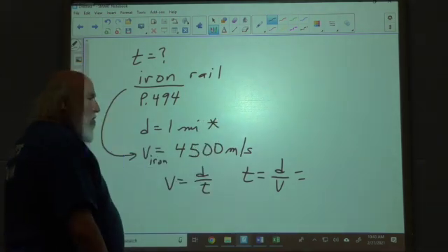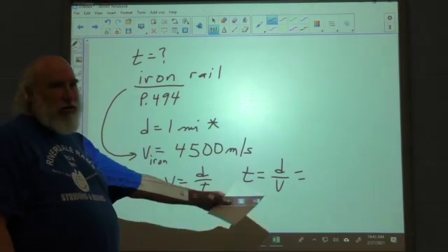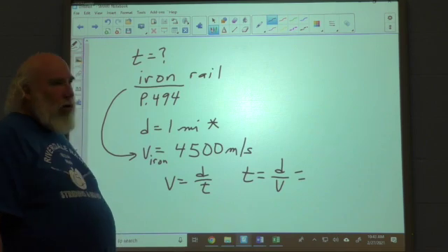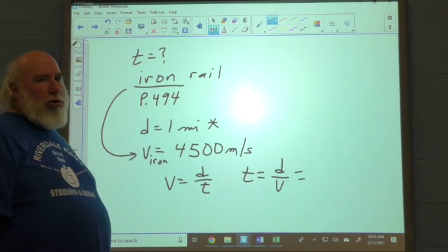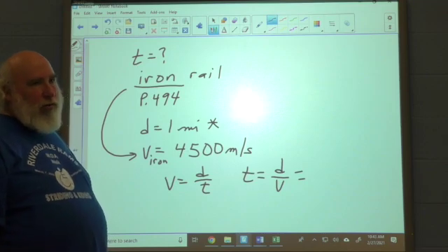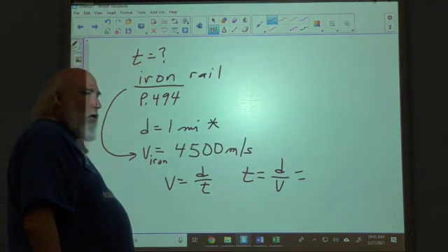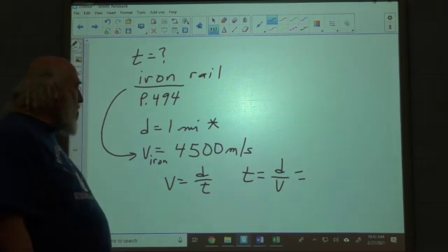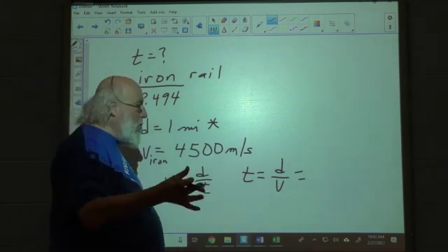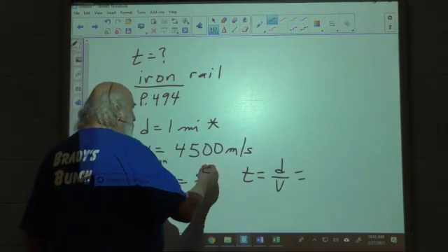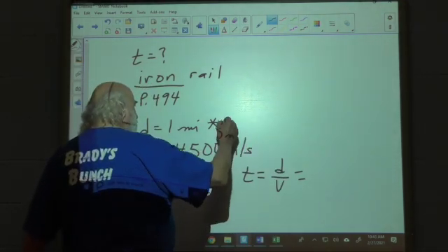Now, one of the conversions I've given you in the past is 1 kilometer is 0.621 miles. You can use whatever conversions you want. You may find one otherwise, on the phone or in the book or whatever. The book has a whole bunch of conversions on the front or back flap, depending on what you're looking for. But I'm going to use my old system here.